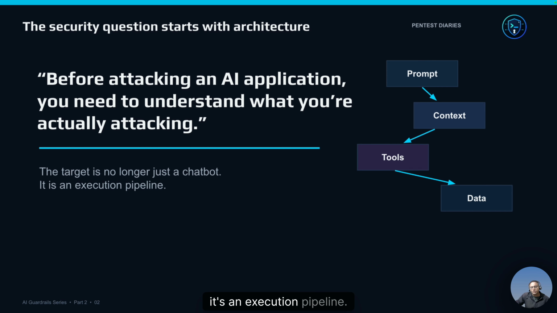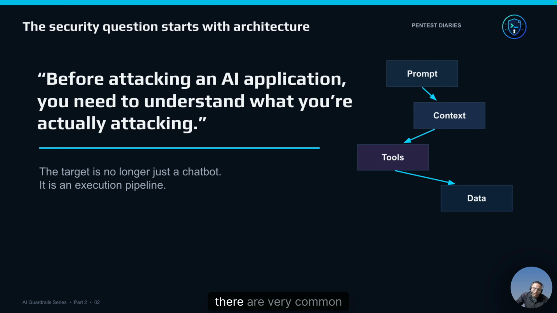It's an execution pipeline. Something enters the system, gets processed through multiple components, and potentially results in an action being performed somewhere else. And from a security perspective, every one of those stages matters. The target is not the chatbot, the target is the pipeline transition.